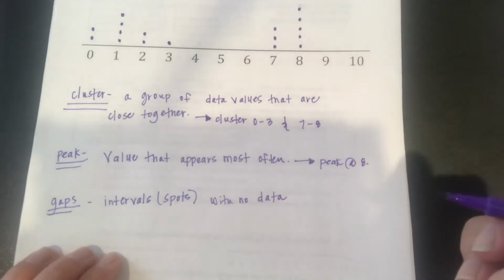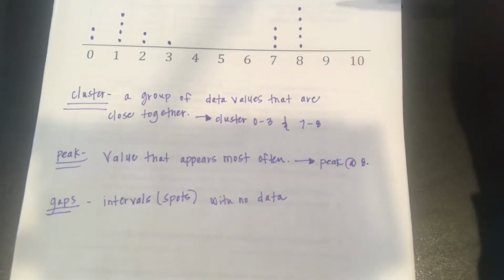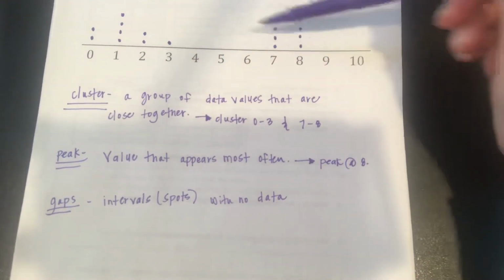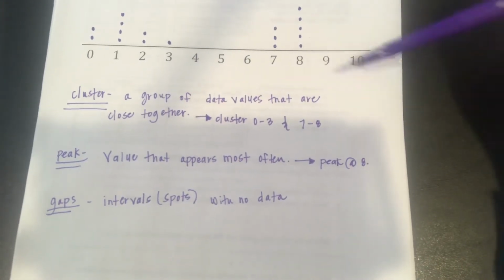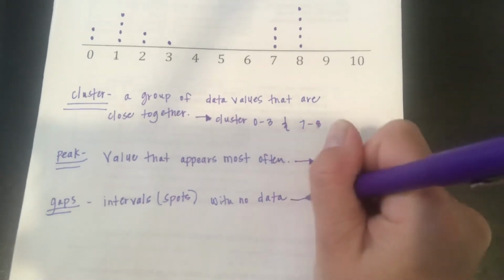So when I look at my dot plot up here, I notice a gap right away from 4 to 6. There's an interval or a spot with no data. And then I also notice a gap over here from 9 to 10. So let's go ahead and write that down.